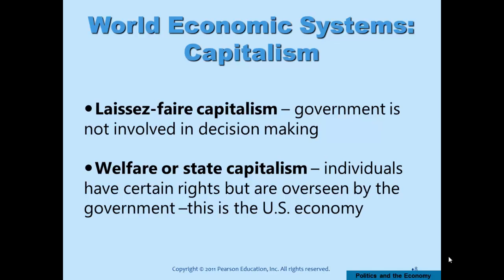For instance, the government intervenes in the workplace and establishes certain safety regulations according to OSHA, the Occupational Safety and Health Act, where the government tracks the number of injuries on a job, and if there are too many injuries, the government may intervene and look at the safety issues in the workplace.